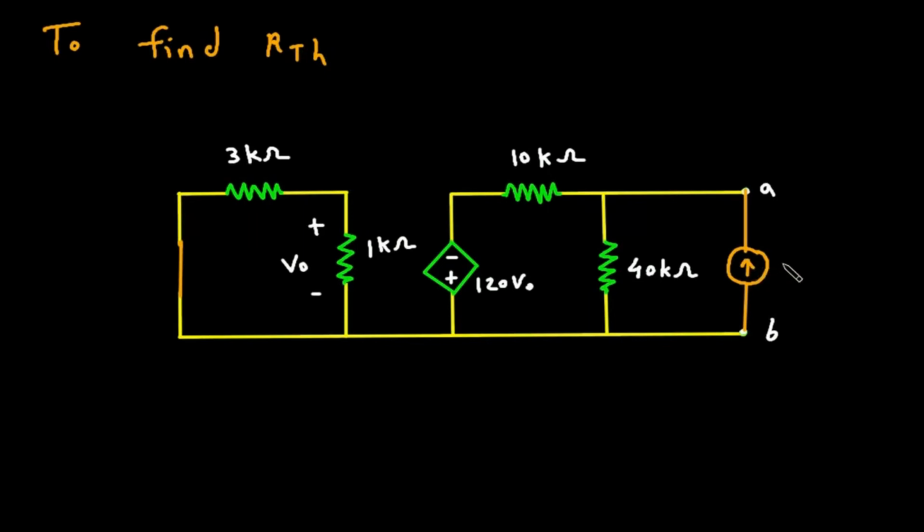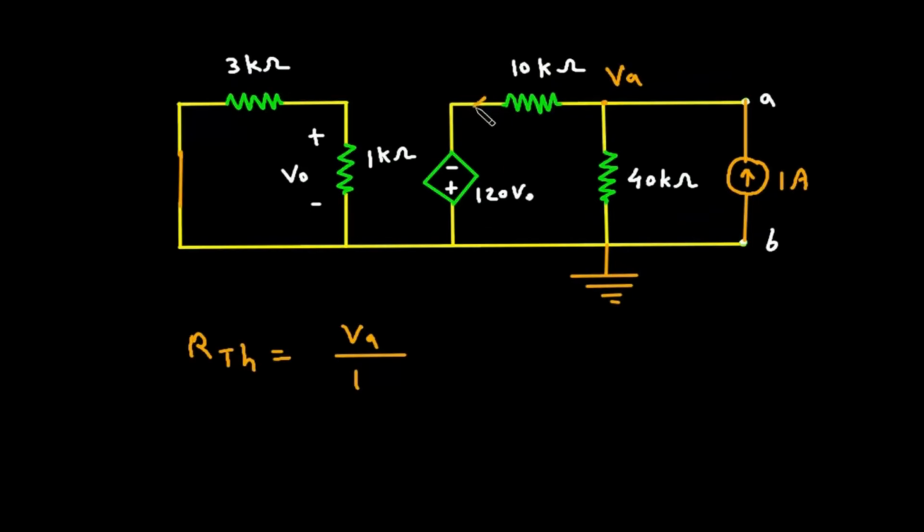This is 1 ampere and this will be VA. Let's say this is the reference node. Now RTH is equal to VA divided by 1 ampere.